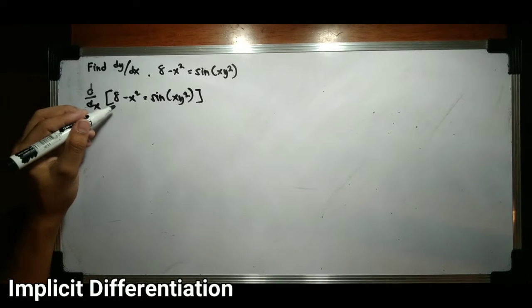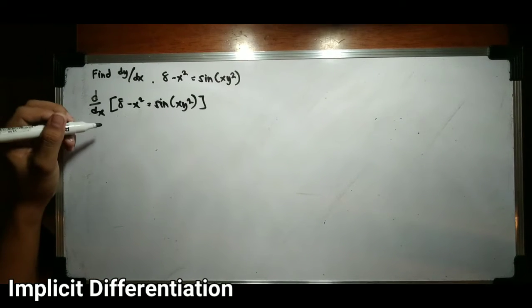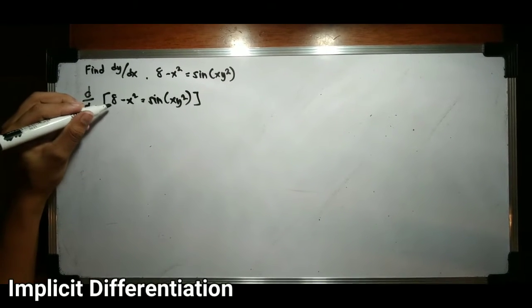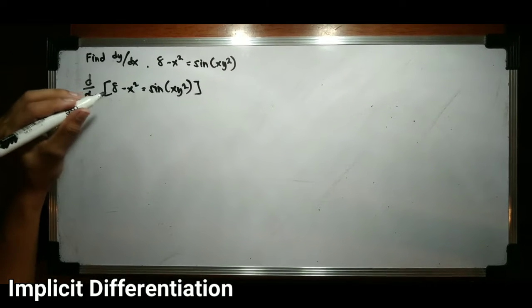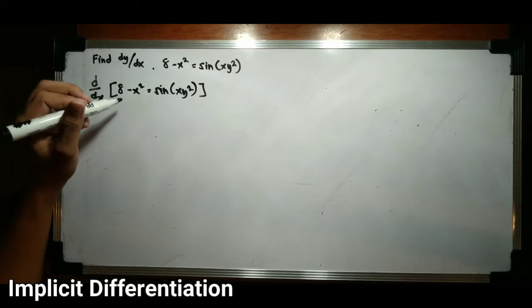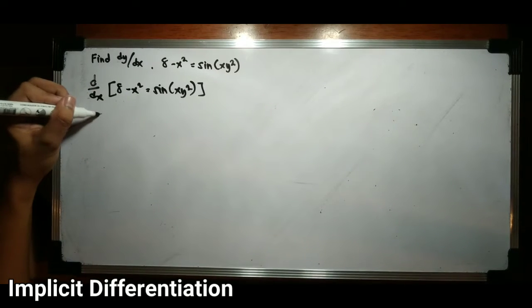So we will find the derivative of 8 minus x squared. The derivative of 8 is 0 due to the fact that it is constant. Then the derivative of negative x squared is negative 2x.